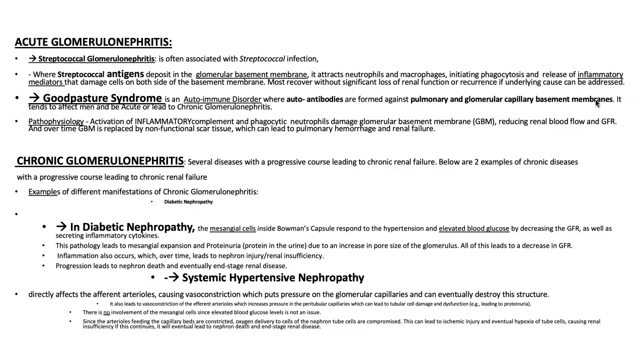The only two chronic that are going to be on the exam are diabetic nephropathy and systemic hypertension nephropathy. Both of them can lead to end-stage renal failure, but the pathophysiological mechanism is different.